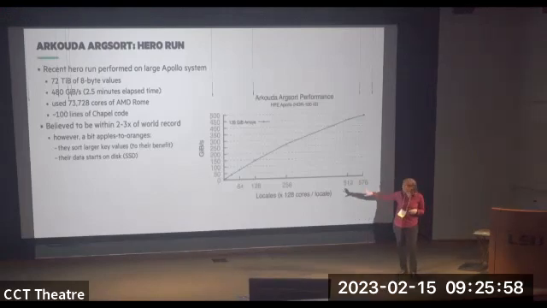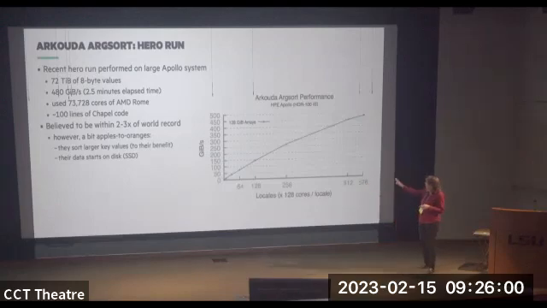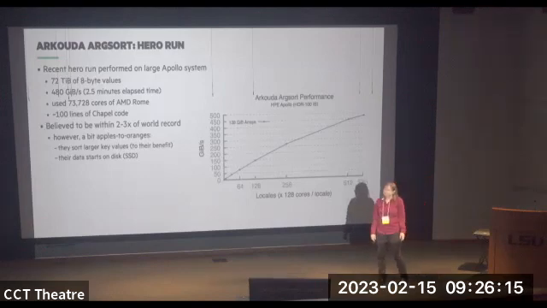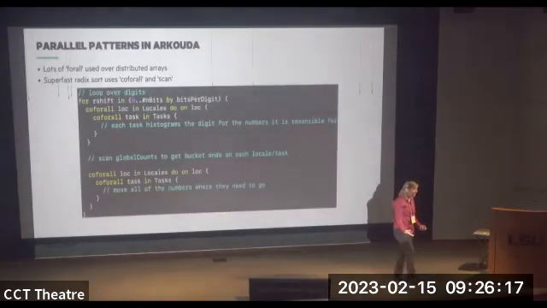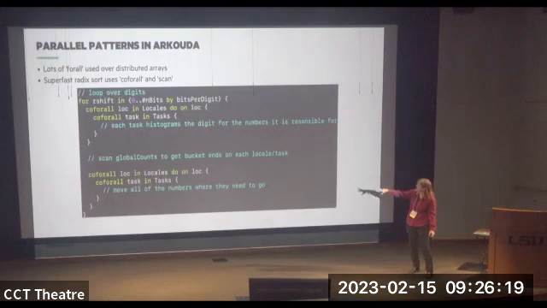And you can see it scaling up as we go out to 576 nodes. Each of these nodes has 128 cores. And the code that does this is 100 lines of Chapel code. So this is the outline of that code here.